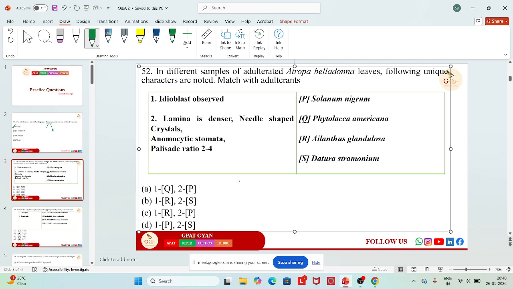So in normal Atropa belladonna, there is 5 to 7, sorry, 5 to 7 the palisade ratio. And in which of the adulterants are anomocytic stomata and palisade ratio present? And the idioblast is observed in what?